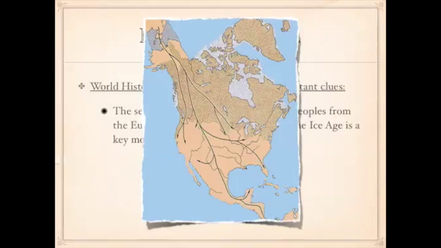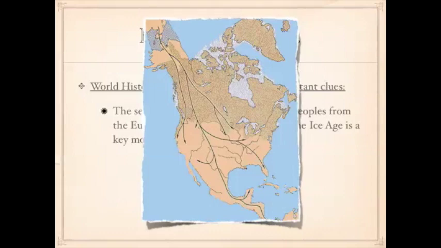So one of the things you have to understand about Native America is that it will develop completely distinctly from Europe, Asia, and Africa. So this half of the world, one half of the planet, the Western Hemisphere, will develop completely independently from the Eastern Hemisphere. So if I lived in Africa, Asia, or Europe after the Ice Age, there were connections between all those people.